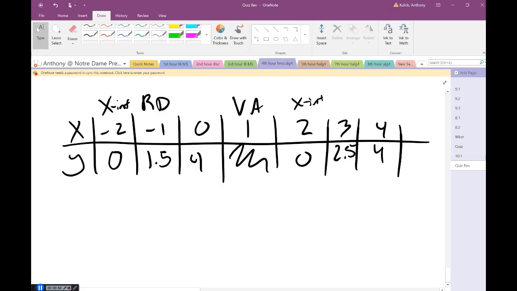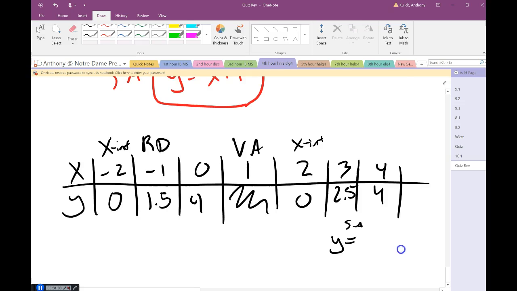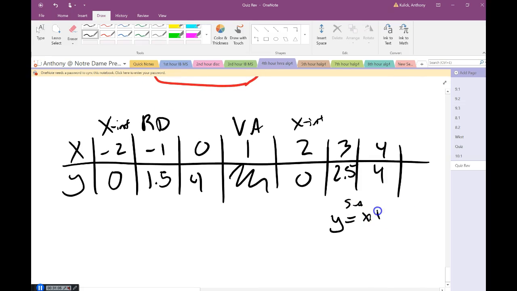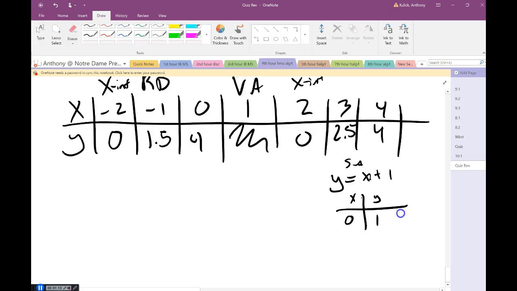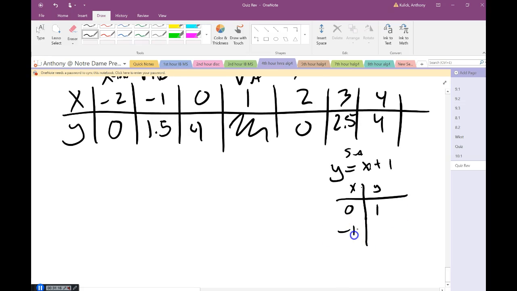I need a second XY table, though, for this, because I also need one for my slant asymptote. So I'll just pick some values for x. Let's say I pick 0 for x, and I get 1 for y. And let's say I pick -1 for x, and I get 0 for y.